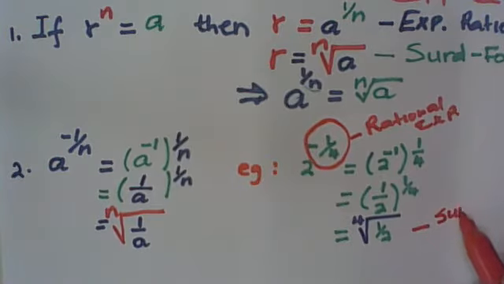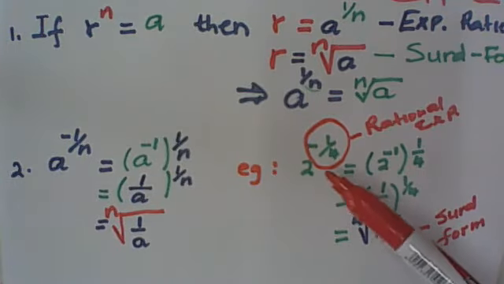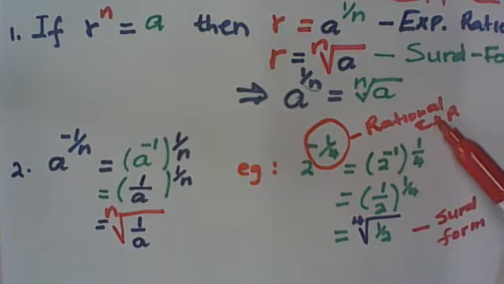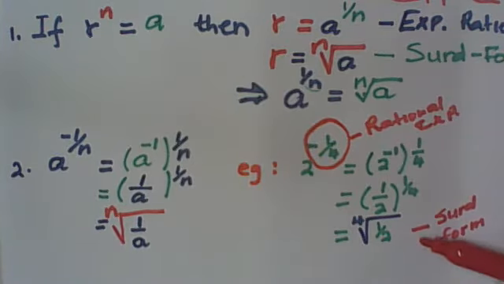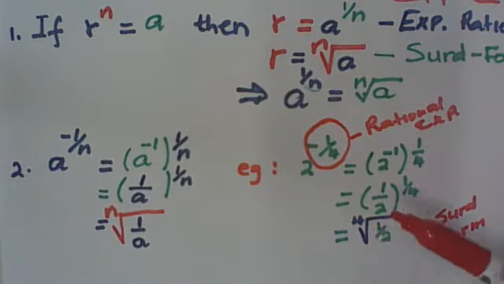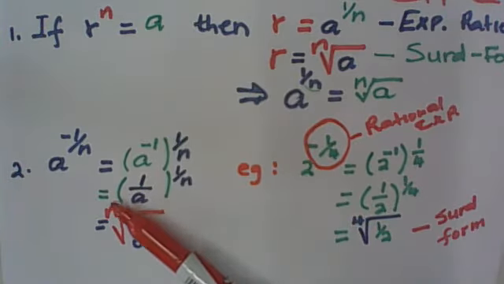This is surd form. Now, meaning we can change from rational exponent to surd form, and vice versa. That is what we can do. So this is the application part of this rule.